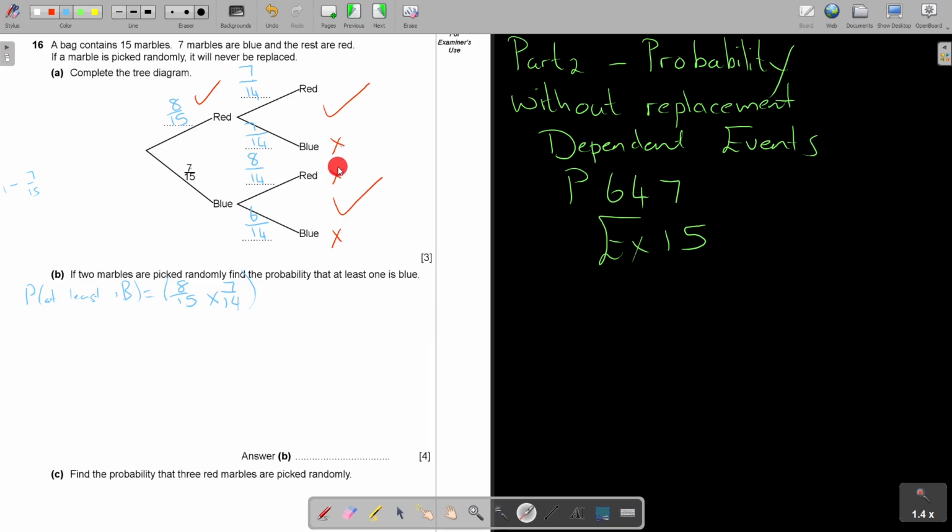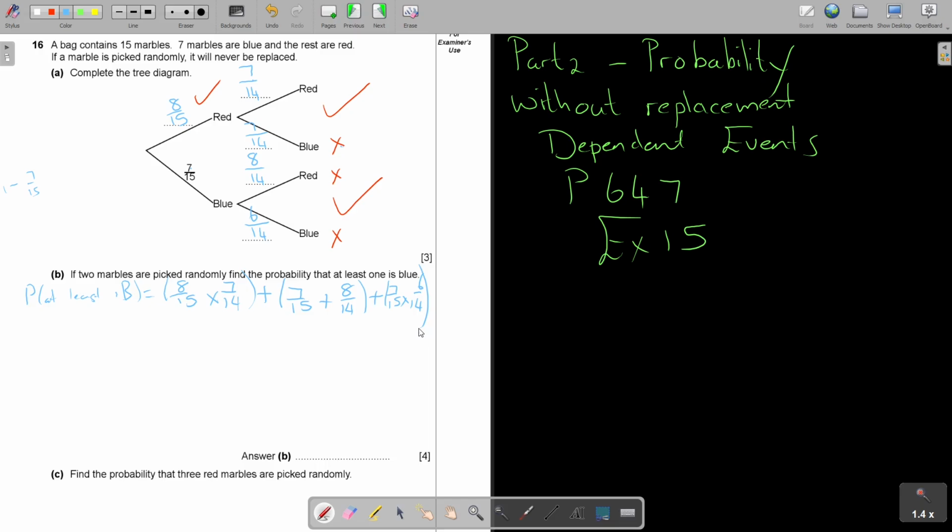And now I'm going to take this one, and then I'm going to take this one. So over the branches, what do I do? I add. So 7 over 15 multiply 8 over 14 plus 7 over 15 multiply 6 over 14. Okay, so make sure that you have all three.